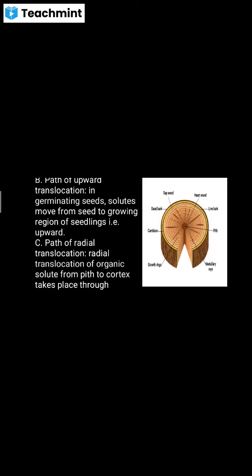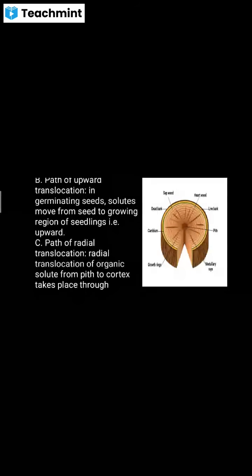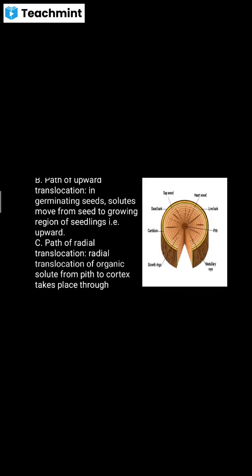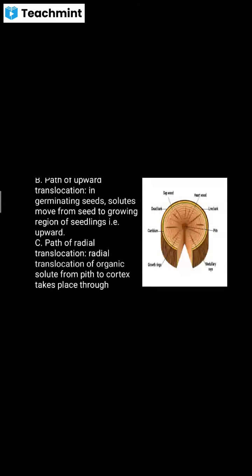So for pith to the outer region, that is cortex, the movement of the solute will take place with the help of medullary rays. जो medullary rays रहते हैं उसके थ्रू यहाँ पे radial translocation हो जाता है.